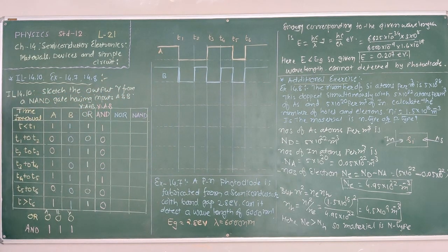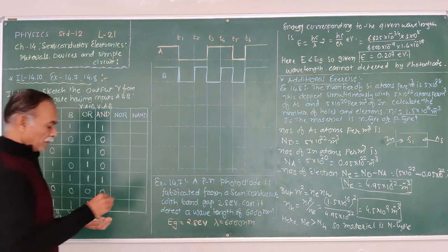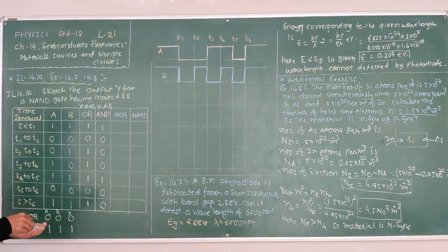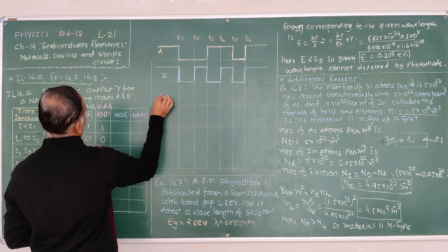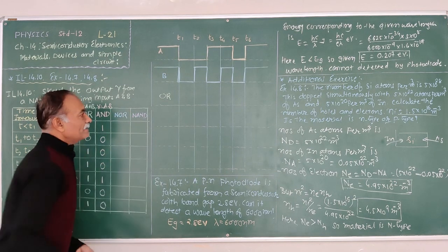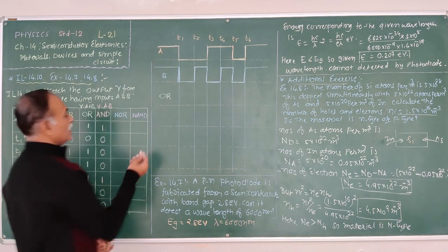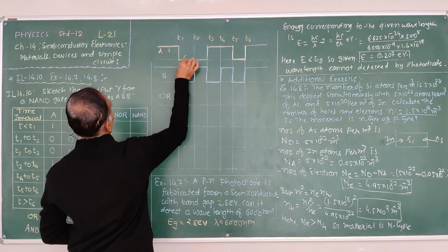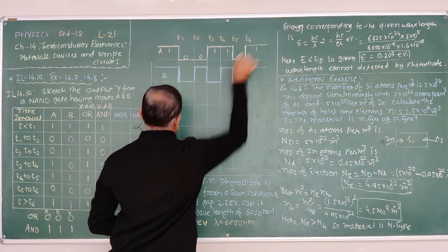Right? Okay. Now from these two inputs, what is the waveform of the OR gate? For the OR gate, if both inputs are 0, at that time the output is 0, otherwise 1. Now listen, for A there is 1, 0, 0, 1, 1, 0, 1.